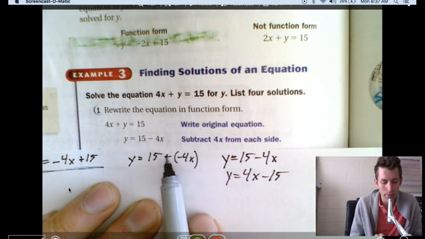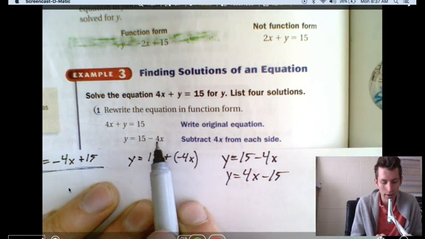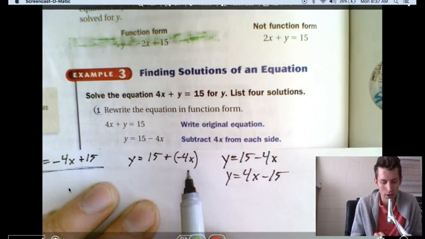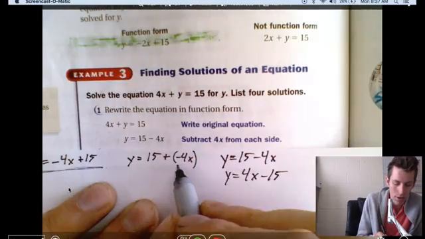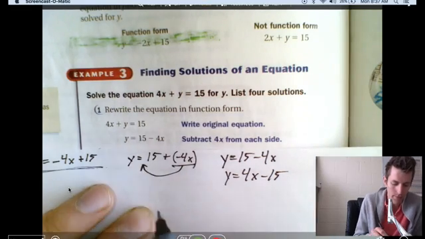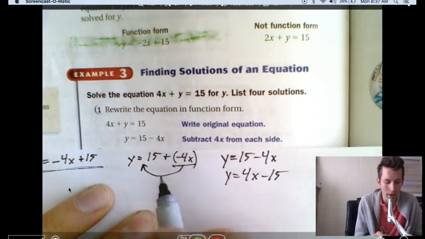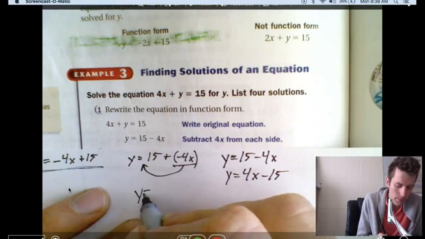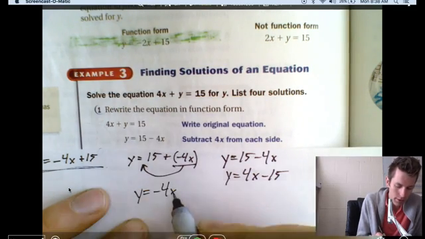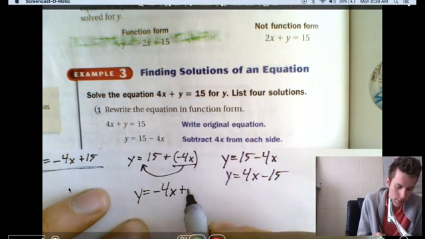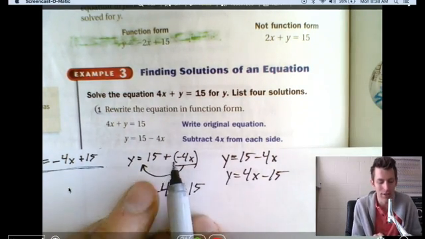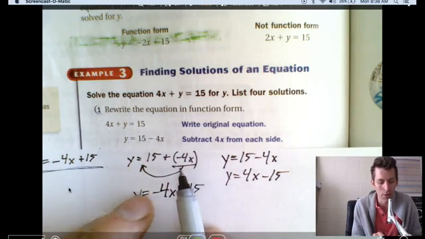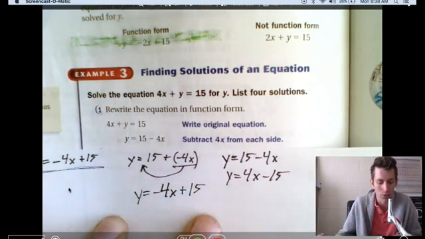I turned it to a plus a negative 4x, which is the same as 15 minus 4x. And now, since there's a plus there, I can switch this one over there for that one. So now I've got a negative 4x plus 15, because addition is commutative. It can commute around to whichever order you want it to be in.